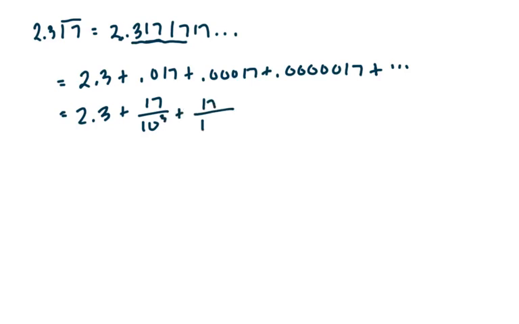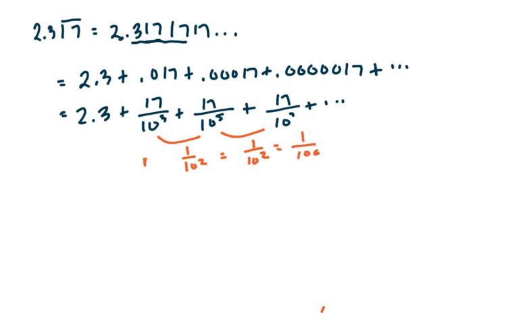And then we have 17 over 10 to the fifth, and 17 over 10 to the seventh, and so forth. Now you can see from here to here, we multiply by 1 over 10 squared, which is 1 over 100. And from here to here, we multiply by 1 over 10 squared, which is 1 over 100. So that's going to imply that my R is 1 over 100 or 1 over 10 squared.